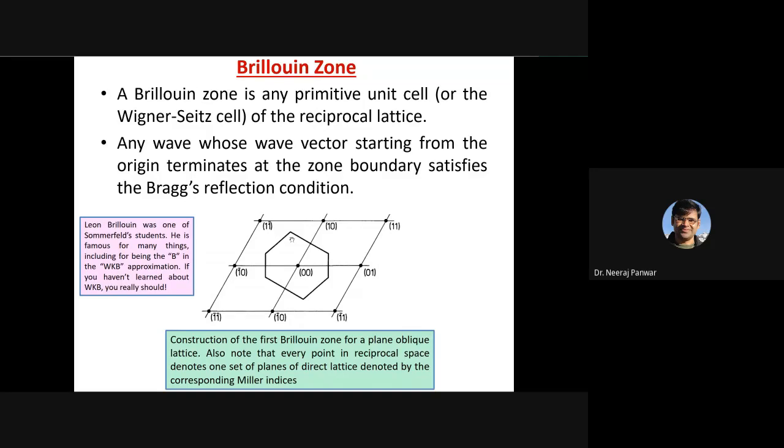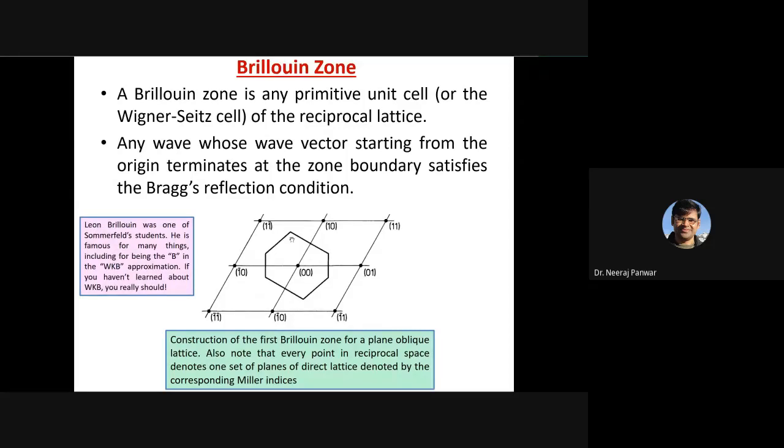This we learned in the previous class, and we saw how we calculate the primitive vectors of a reciprocal lattice in terms of the primitive vectors of a direct lattice. We also saw some properties of the reciprocal lattice. First, a reciprocal vector is normal to a particular set of planes.